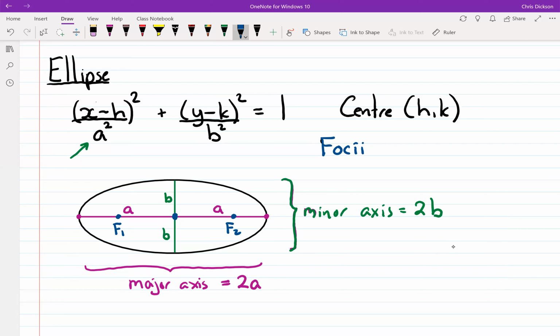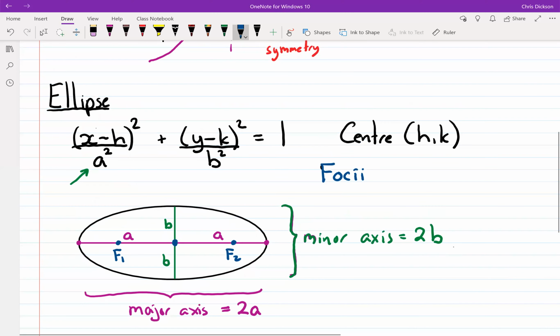The foci are two points on the major axis, always on the major axis, never on the minor, at an equal distance from the center. That distance is c. So this distance here is c, and this distance here is c. And so the distance across both foci is equal to 2c.